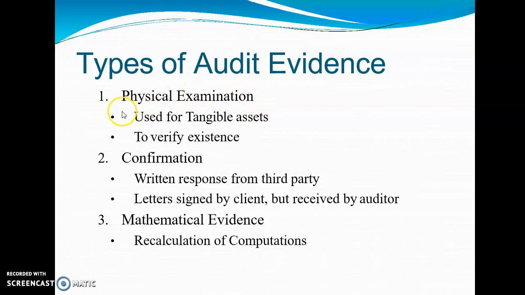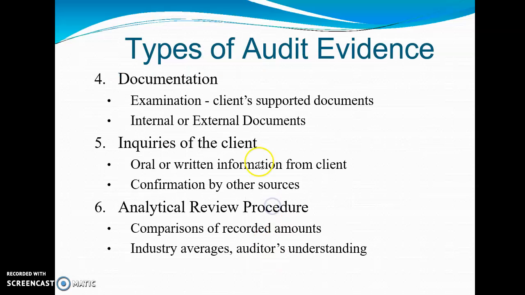So first one is physical examination, which you use for tangible assets, assets that you can see, in order to verify the existence. And then confirmation, where you get written correspondence from the third party, a letter signed by the client but received by the auditor. And then mathematical evidence, where you make recalculations of computations.